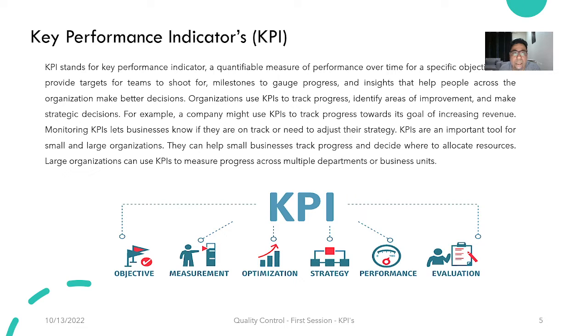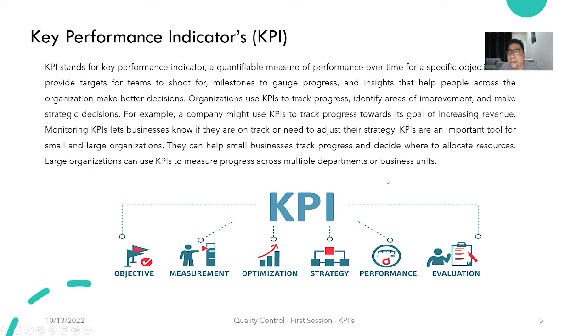As we said before, the KPI is a type of tool that is used to monitor the overall performance of the organization to see if we are on the right track to reach our organization target.